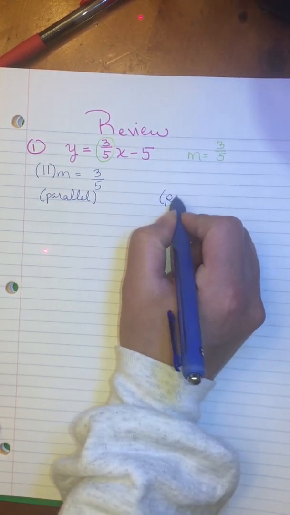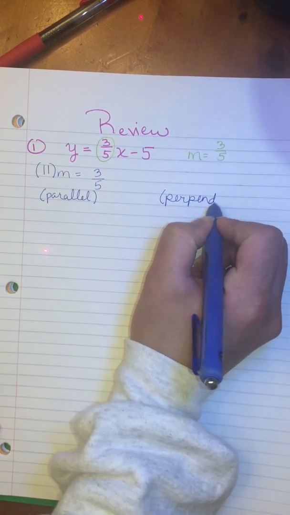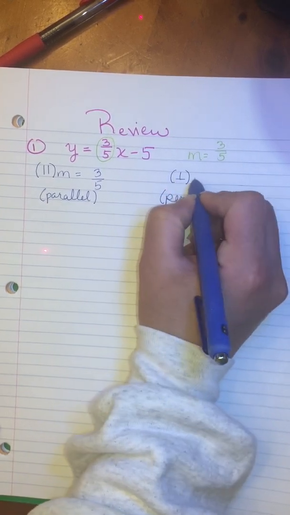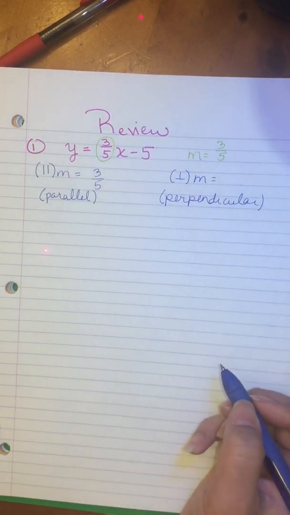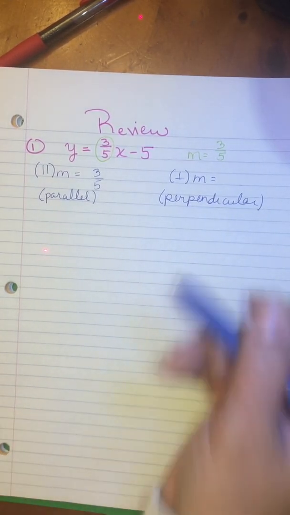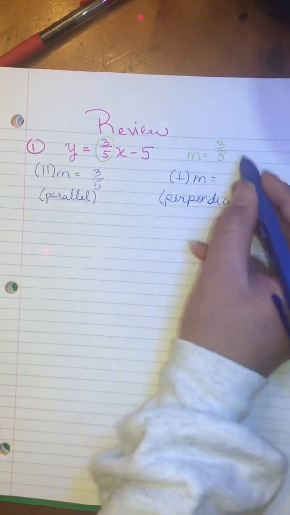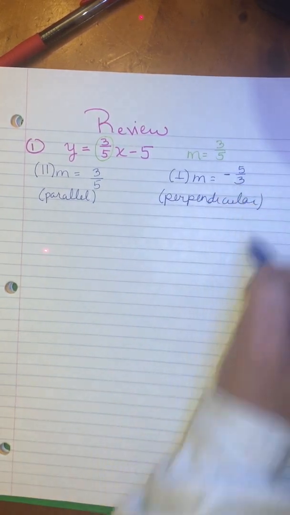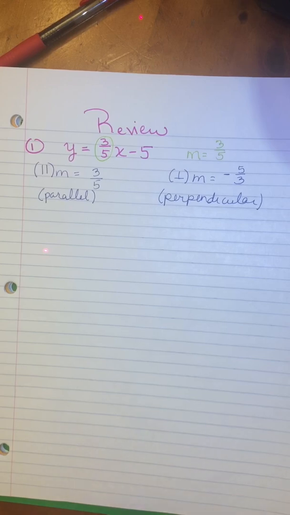But if you see the word perpendicular, okay, then they're telling you, hey, you have to use the opposite reciprocal. 2 things must be done. You change the sign, so from positive, it's going to go to negative, and you flip your numbers. You have to do both, okay? And then there's the answer there. Let me do another one.